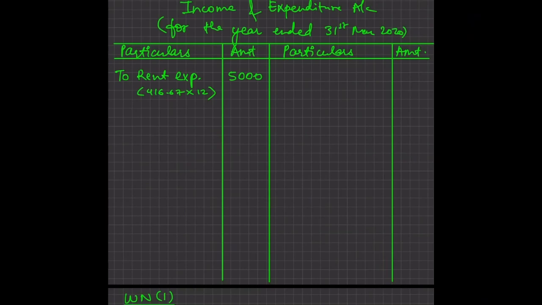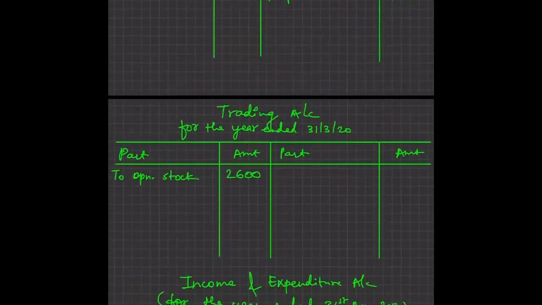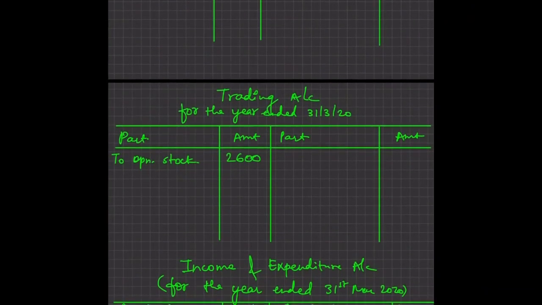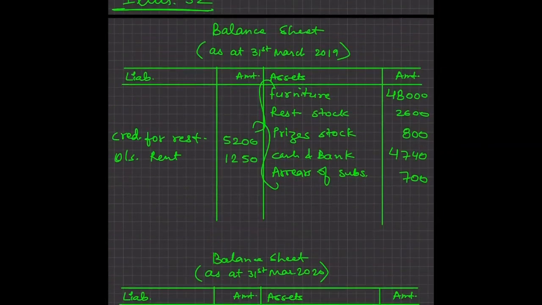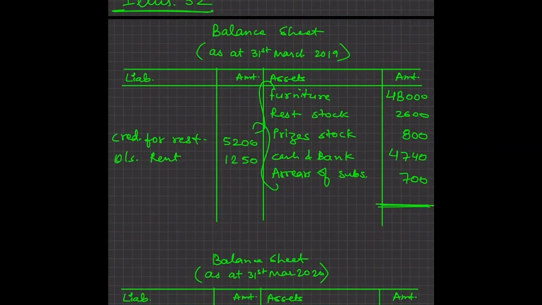So I have done the calculation for the opening balance sheet. Now, the only thing remaining is to do the total of your opening balance sheet. Let's do the total over here. On the asset side, you have 48,000 plus 2,600 plus 800 plus 4,740 plus 700.